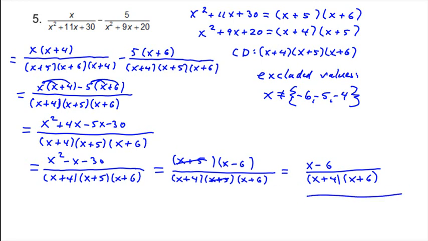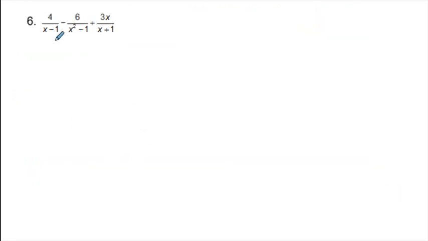Okay, next, problem 6. We have 4 over x minus 1 minus 6 over x squared minus 1 plus 3x over x plus 1. Our most complex denominator is x squared minus 1, and in factored form, using difference of squares, that is quantity x plus 1 times quantity x minus 1.